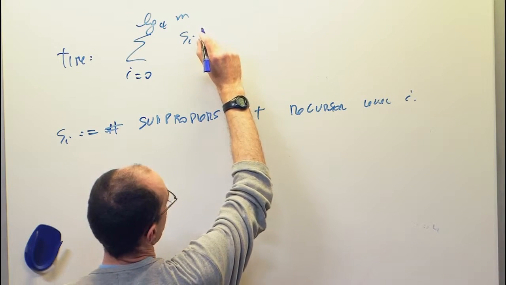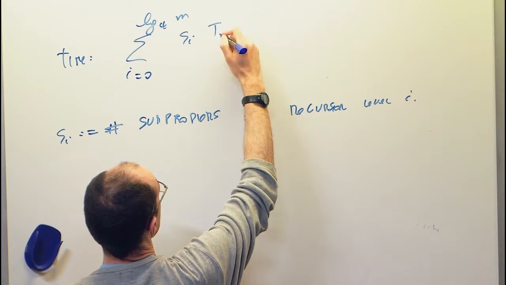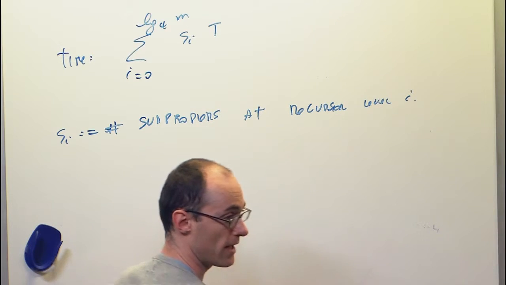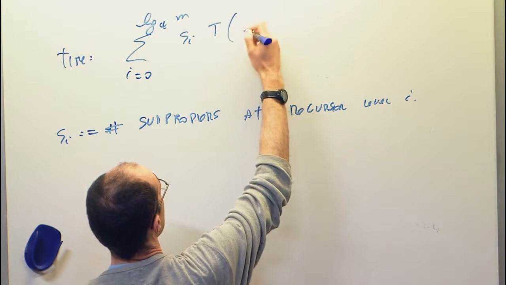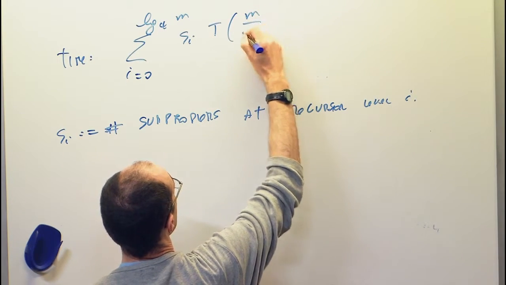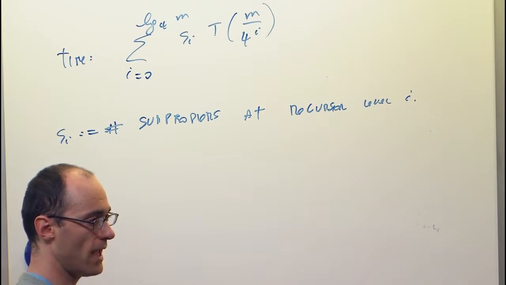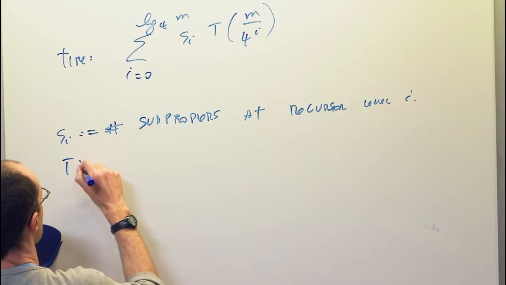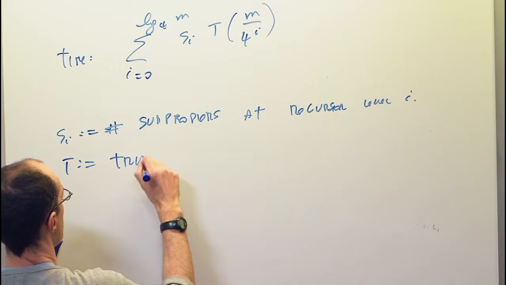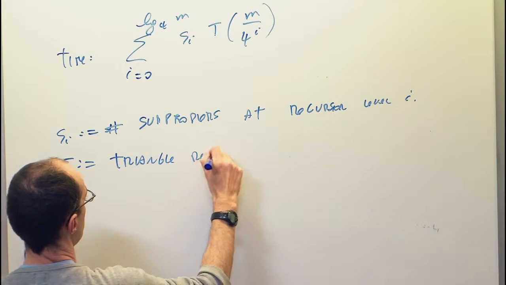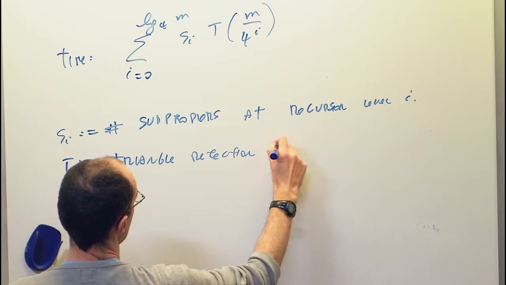For each of these, I'm calling the triangle detection algorithm on a graph which has m over 4 to the i edges. So T is the triangle detection time.